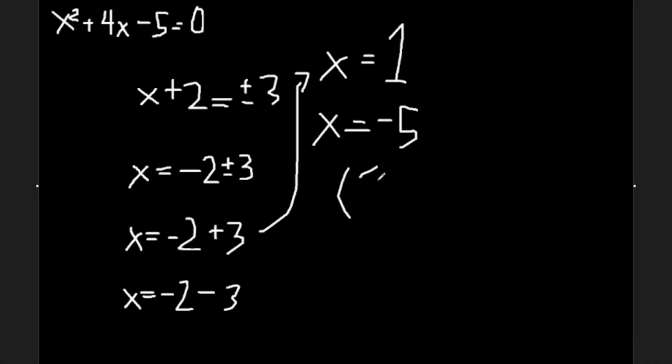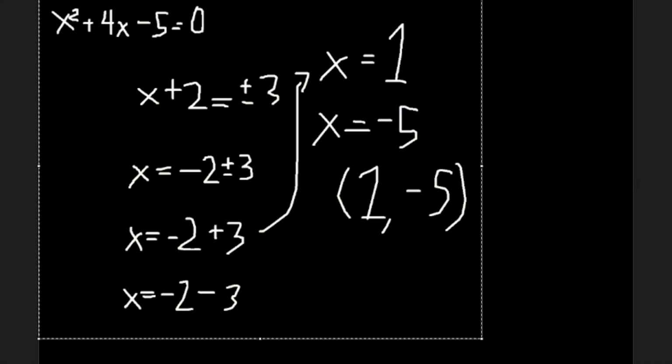Now we have 1 and negative 5 as our solution. You can also interchange it, by the way. It doesn't really matter for this one, of course. It will start to matter in future topics, like quadratic inequalities. Let's proceed to the next example.